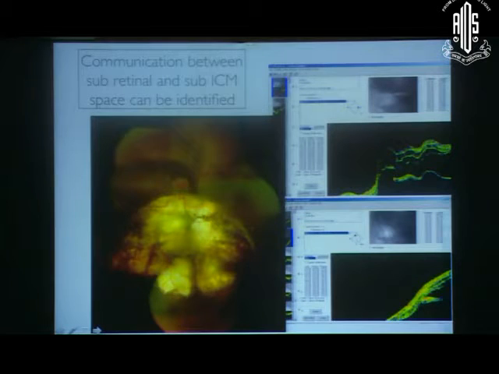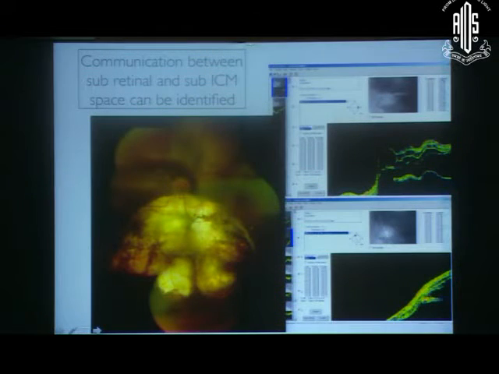A communication between the subretinal space, where you can see the clinical retinal detachment, and the sub-ICM space, where the intercalary membrane is detached, could sometimes be demonstrated by doing OCT serially along the colobomatous margin. As you can see in this section, you will find a communication between subretinal space and the sub-ICM space, while the section just beyond does not show this communication.